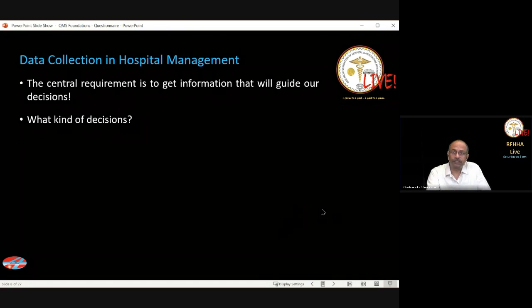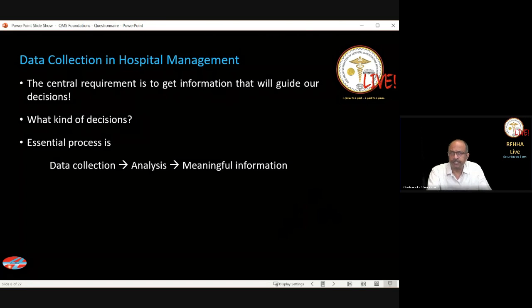Sometimes we want to know what the competency levels are for a particular skill, for example, basic life support or advanced cardiac life support, and for that we need data to find what kind of intervention should be done. So should we conduct training for everybody, or should we conduct training for a selected group of people? These are the kind of decisions that we will be looking at on a daily basis in our hospitals.